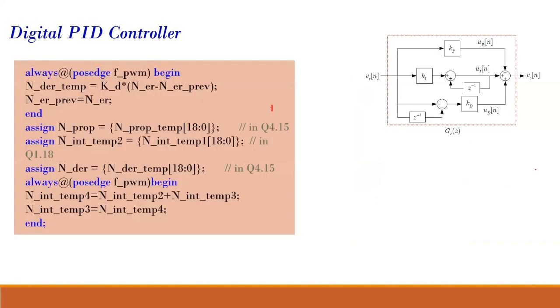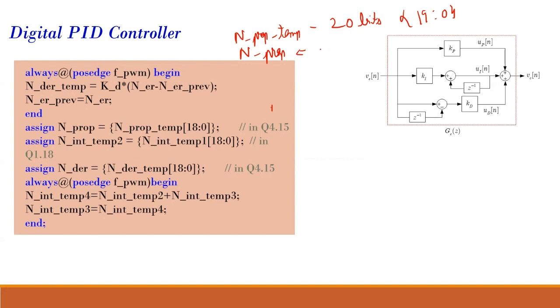So what we do is we just take the main bits. See, n prop temp had 20 bits, that was actually 19:0. But for my n prop, I don't want the extra sign bit.